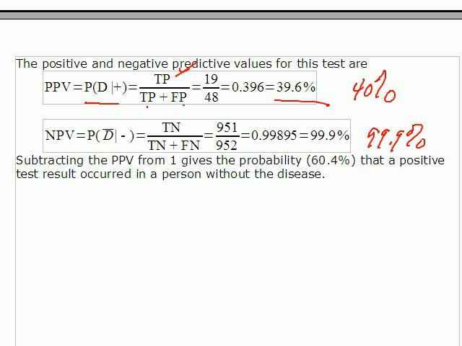So subtracting the positive predictive value from 1 gives you about a 60% chance that the person would be normal given that the test was positive. And that's what we got using Bayes' rule before, with a bunch of calculations and having to figure out the denominator. Again, if you can frame it into this contingency table, it's a lot easier to do the calculation, and it gives you the same values.